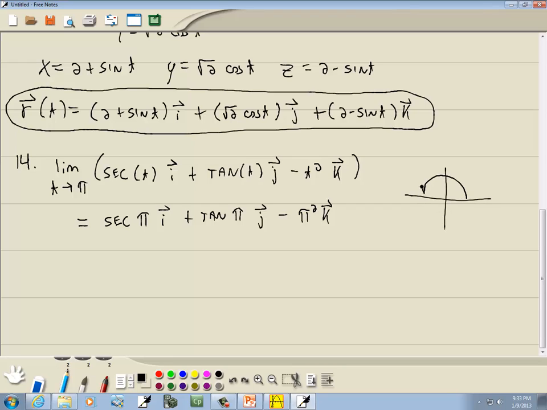Pi is over to here. So we're sitting here at this point. Our secant is 1 over x, and our x value here would be -1, 0. So we have 1 over -1, which gives us -1, so this gives us negative i.